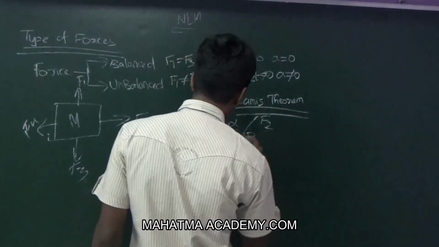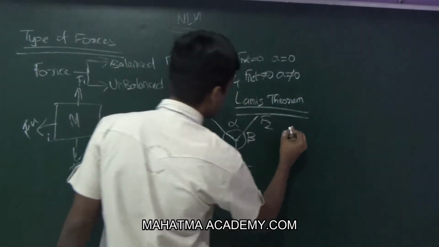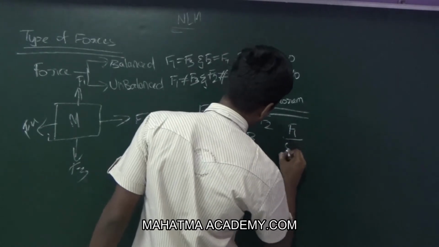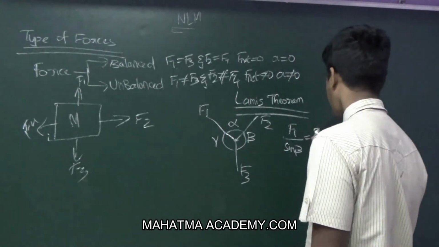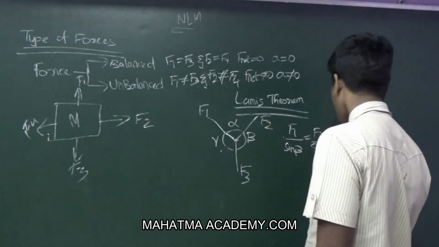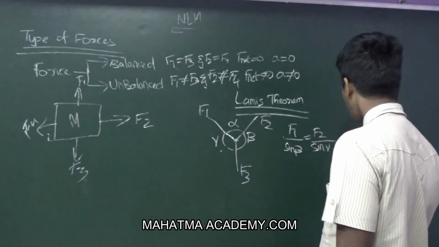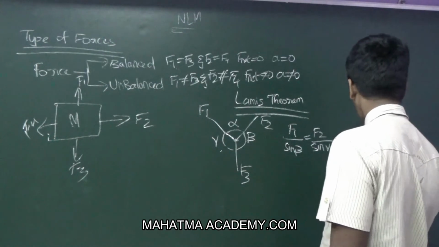Opposite to F1 is angle beta, so F1 upon sine beta, next F2 upon sine gamma, and F3 upon sine alpha.